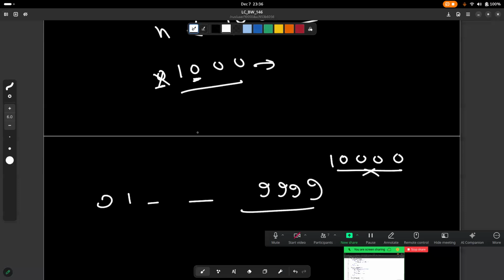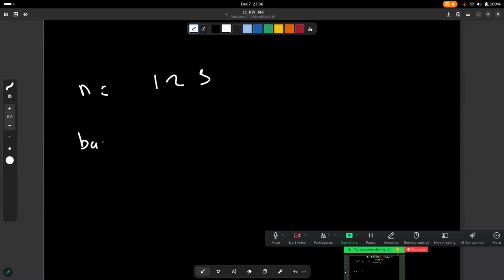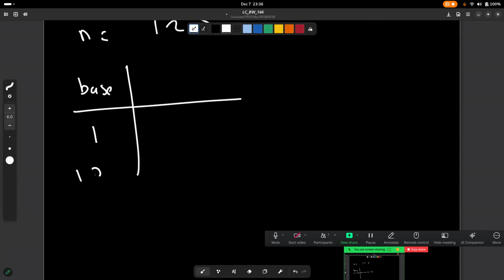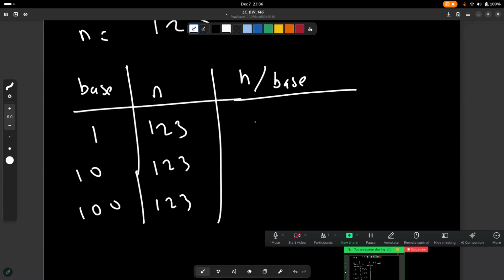So if, for example, n is equal to 123, what we do is over here we have base, that is 1, 10, and 100, and our n is 123, 123, and 123. And what we do is we divide n by this base, and in C++, once you divide, you get a floor.